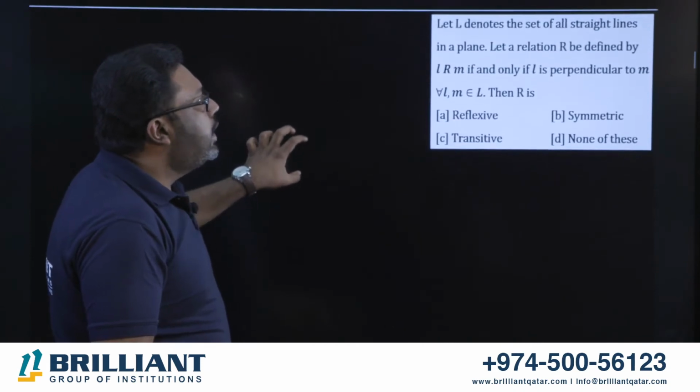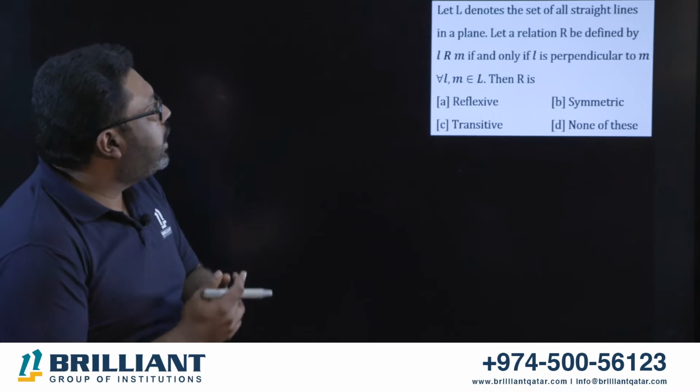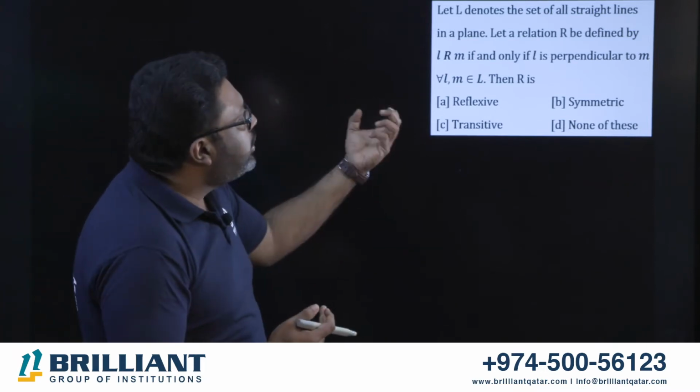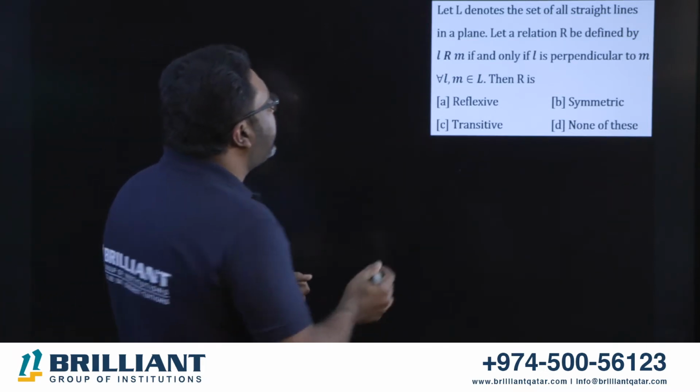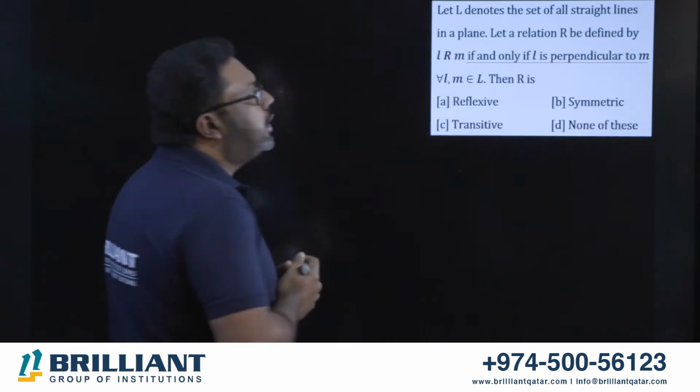The next question is defining the set L of straight lines in a plane, and the relation between the straight lines is that L is related to M if and only if the lines are perpendicular to each other.